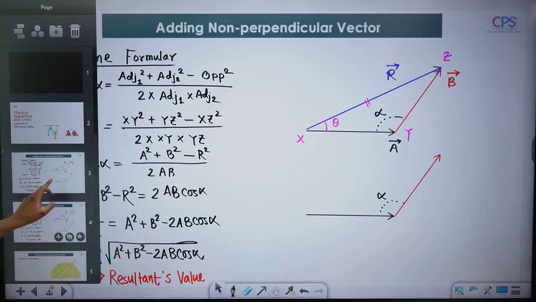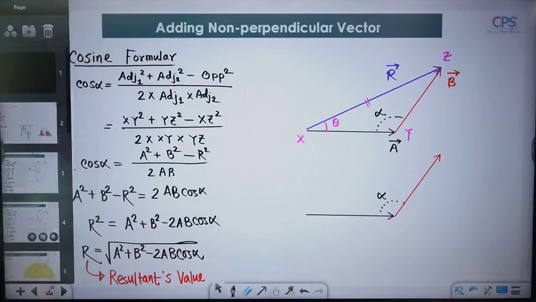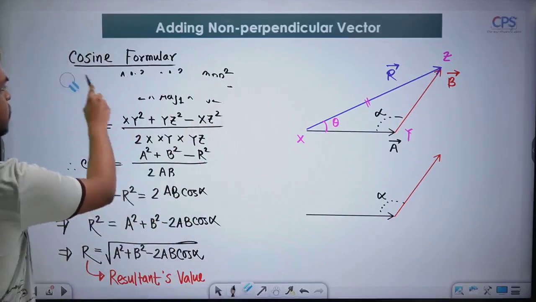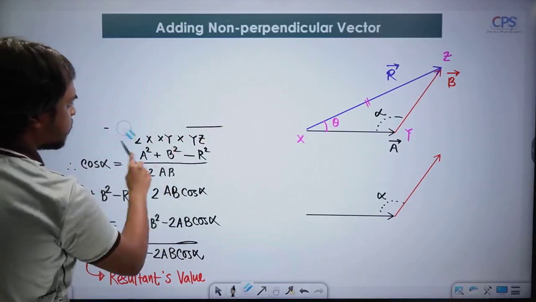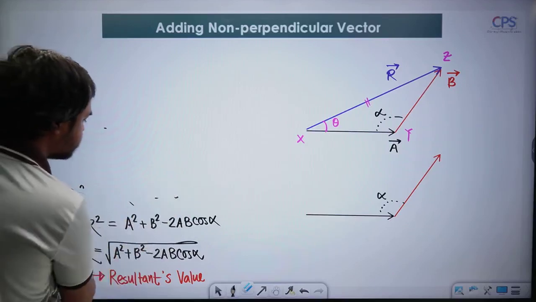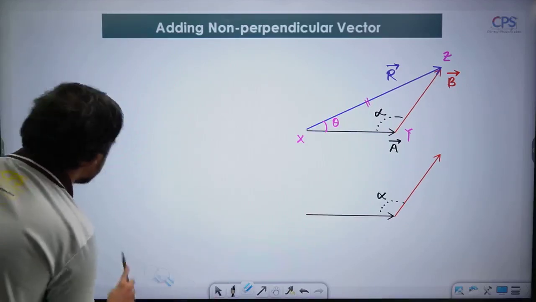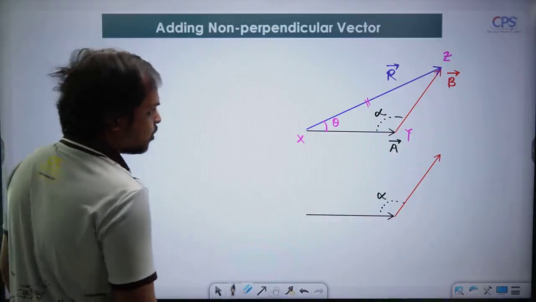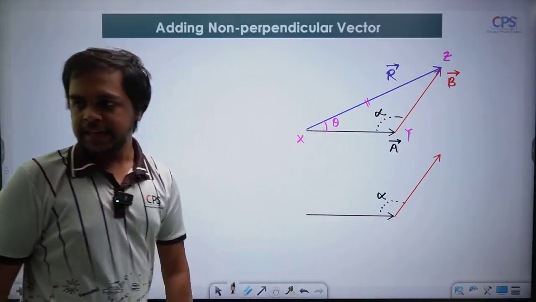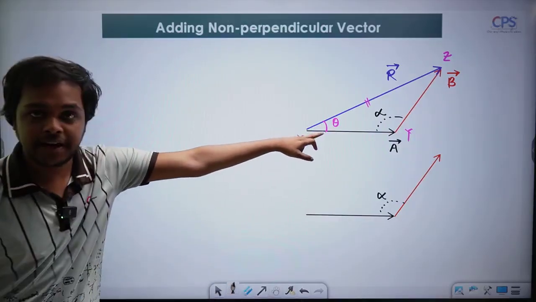So I'll get a copy of the pictures. I'll remove this. Don't you worry, the slides are already saved, so it's not being deleted. So we need to get this theta, right?